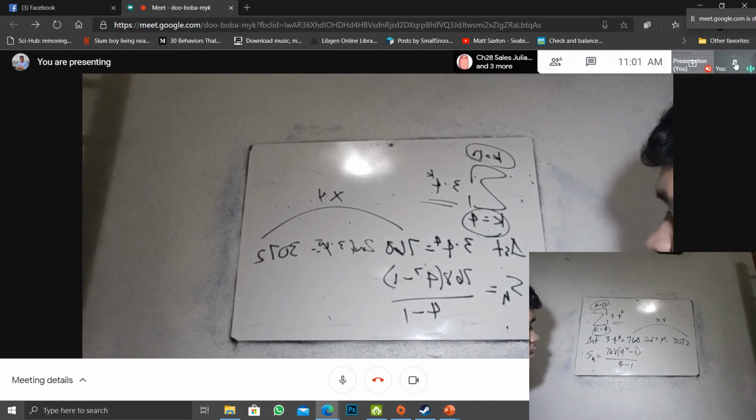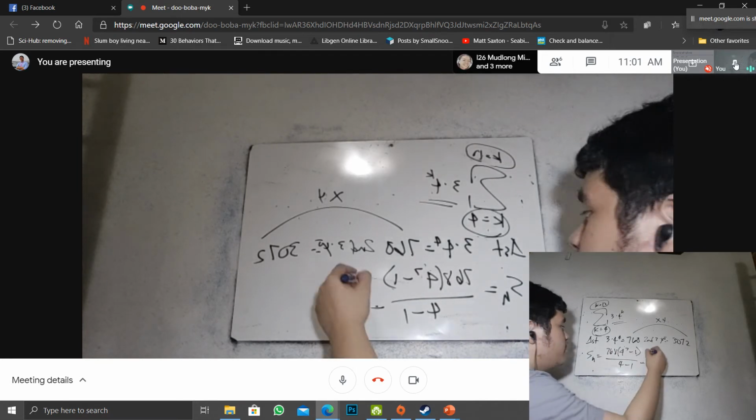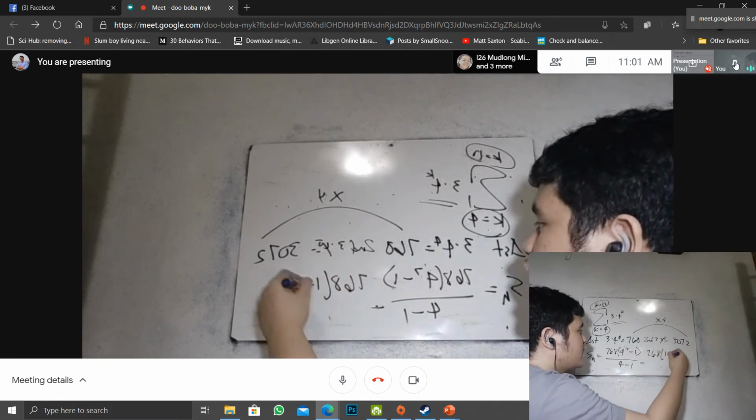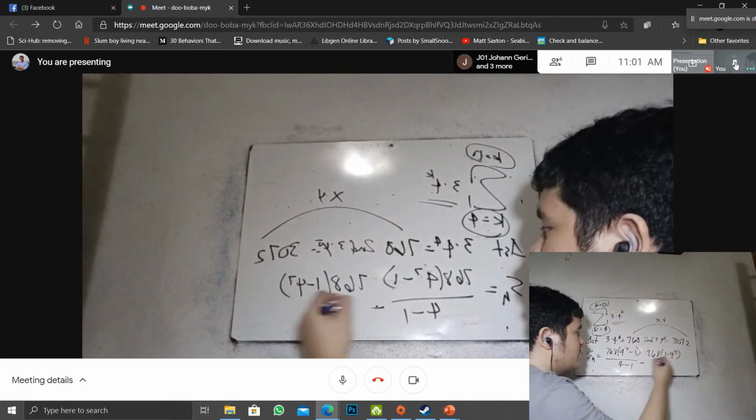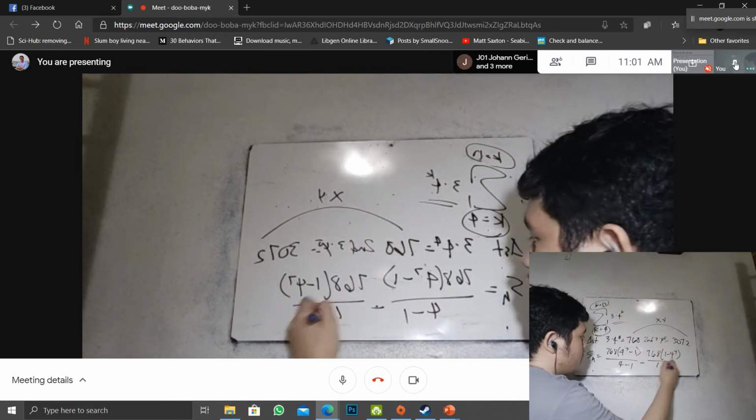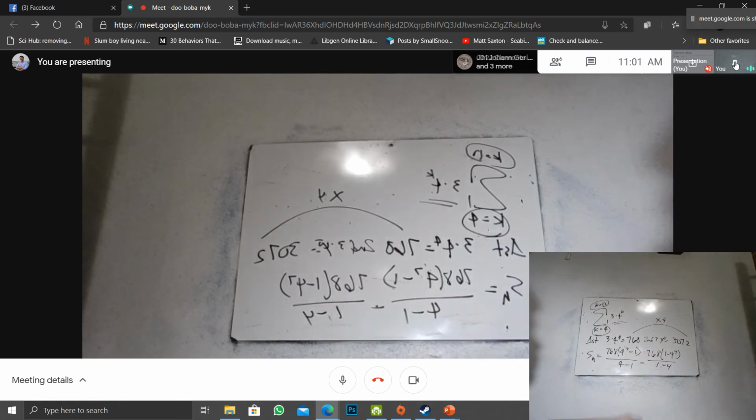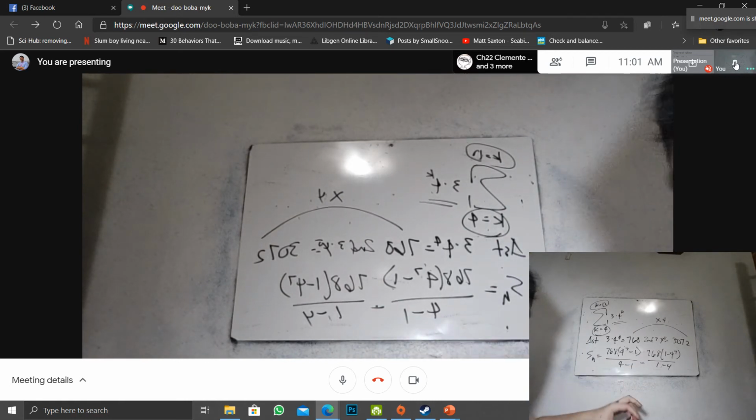Pareho lang to guys kapag binaliktad ko, pareho lang yun. Kasi binaliktad ko yata kanina. Pareho lang yun ha, 1 minus 1. So yan, i-calculate nyo na lang. That is the answer. Okay?